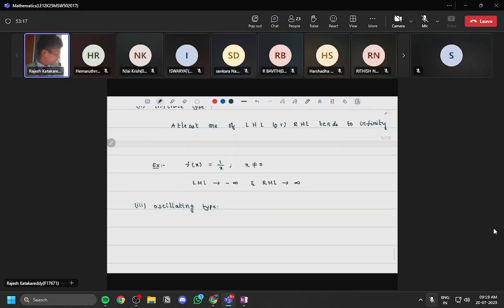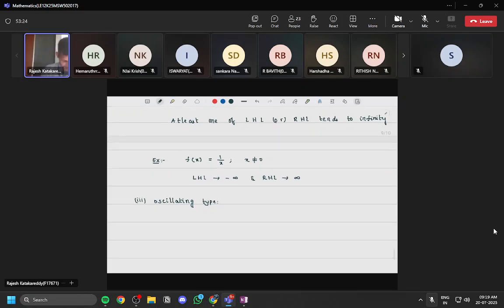Oscillating type. Definitely the limit value is finite, but it will be oscillating in between two finite values.